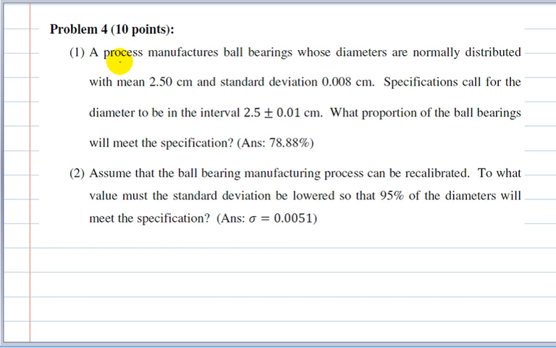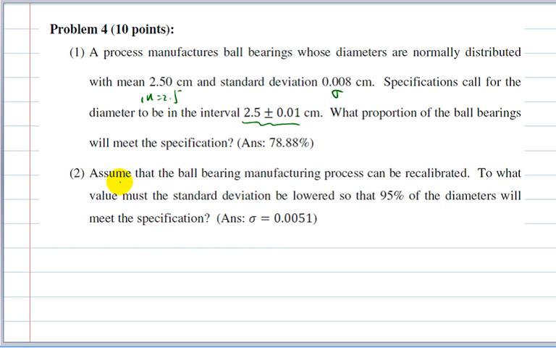A process manufactures ball bearings whose diameters are normally distributed with a mean of 2.5, so mu equals 2.5, and standard deviation sigma. The specification calls for the diameter to be in this interval. What proportion of the ball bearings will meet this specification?